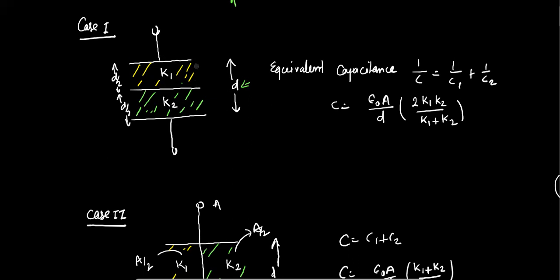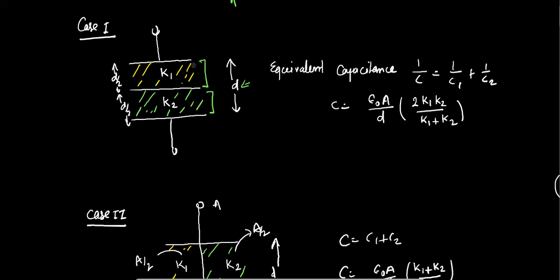Okay, so if we think about this configuration, we can easily say that this kind of configuration represents the series combination of capacitors. This is one kind of capacitor, and up to here it will behave as another kind of capacitor.